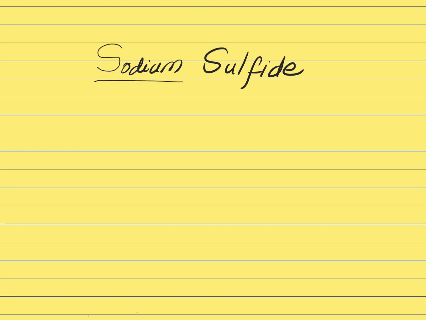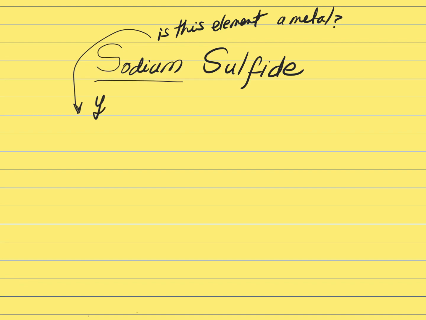Your first step, this is important because then you're going to learn about covalent compounds, you're going to look at the first one and ask yourself, is this element a metal? If the answer is yes, then you have an ionic compound. There's no other way.